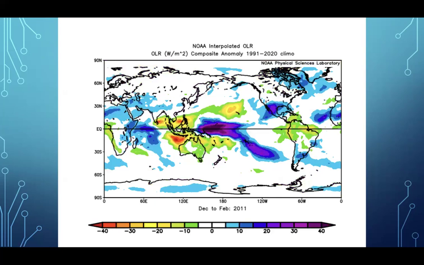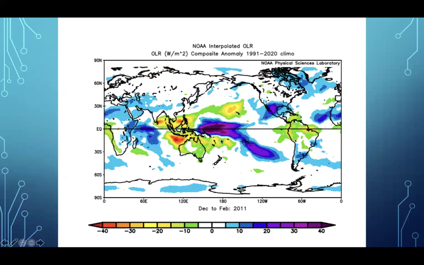2011. In this case, there is suppressed convection in that target region. There is active convection across here and here to the south over Australia and extending over the southwestern Pacific.